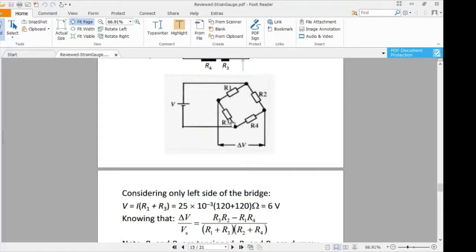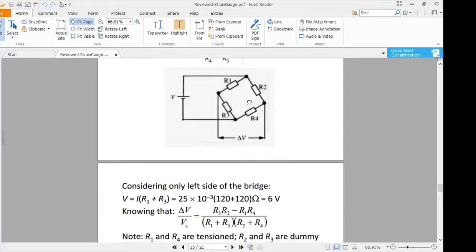We know that a Wheatstone bridge is basically just a pair of voltage dividers: one consisting of R1 and R3, and another voltage divider R2 and R4. Since they are in parallel orientation, both voltage dividers will have the same voltage. So just tap the side of R1 and R3.